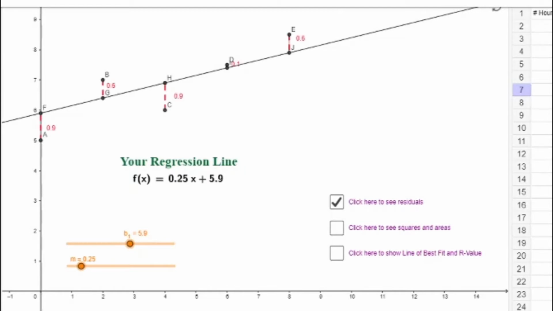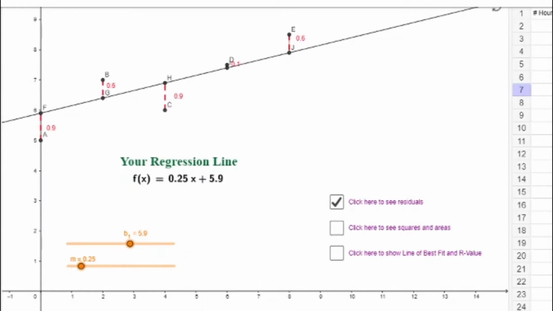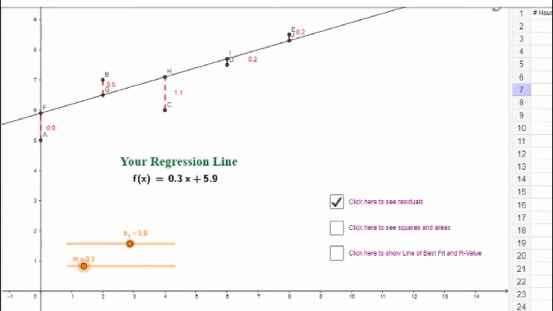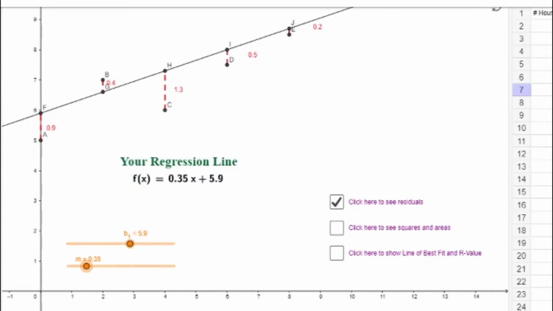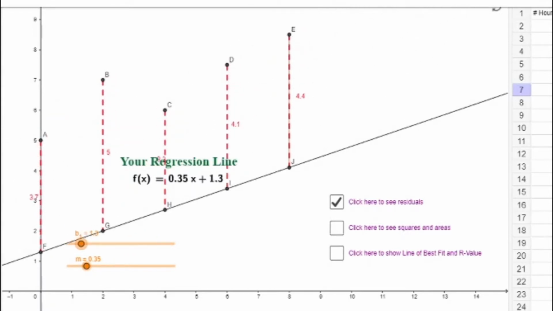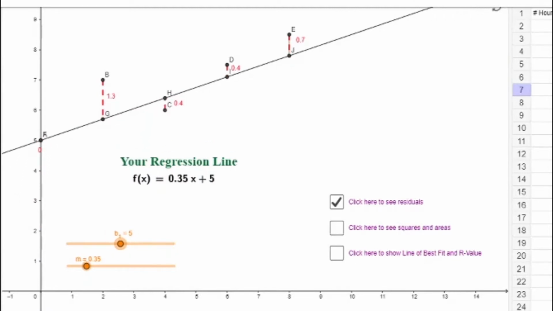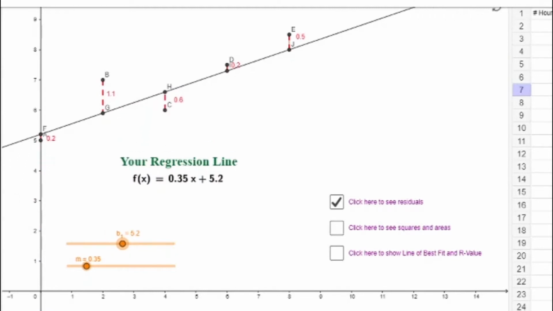Technically, what we're doing is we're measuring the distance of each of our points from the line that we've produced. And you can see as we move the line, these residuals, the distances here are called residuals, these residuals can take larger values. To get the best line of best fit, the most appropriate regression line, we try to minimize those residuals.